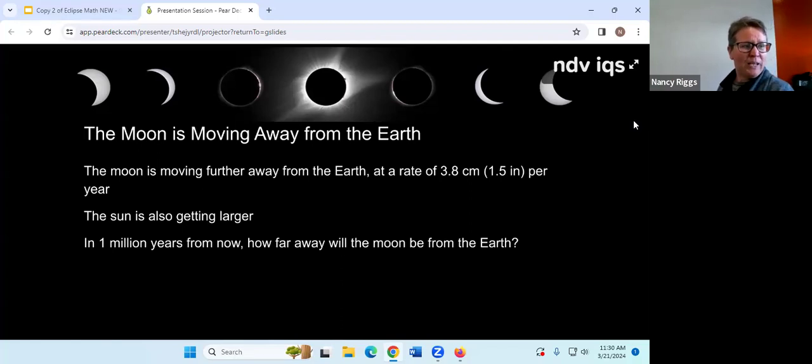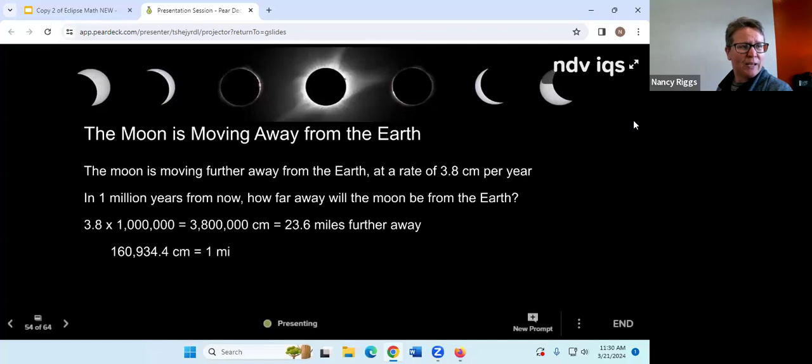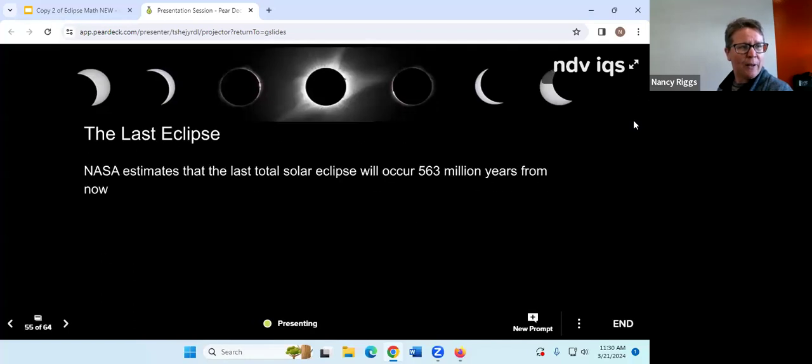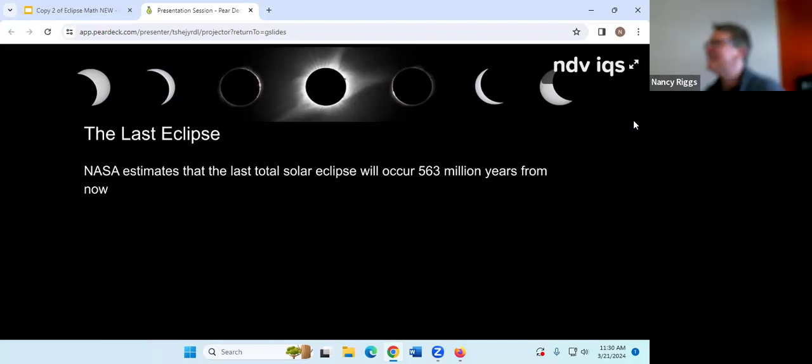And that's 1 million years from now. I was going to skip that computation, so I'm going to hop past that one here real quick. We are eventually not going to have eclipses anymore. Now, there are a couple of estimates that I was able to find.